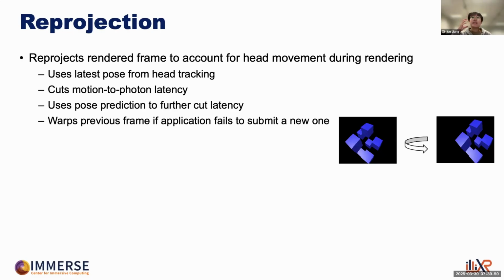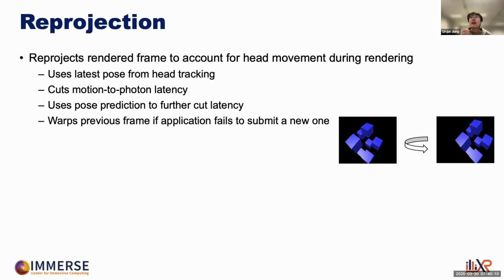The motivation for reprojection is that between the time that a frame rendering starts and the rendering finishes, some time passes, and it's very likely that the user has already moved within this time span, right?